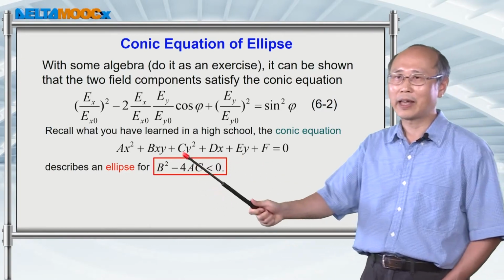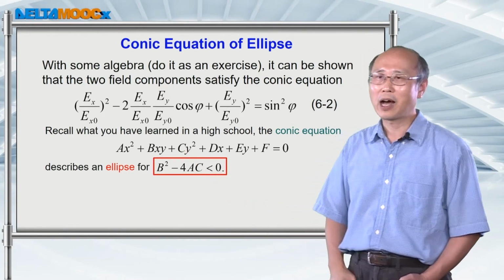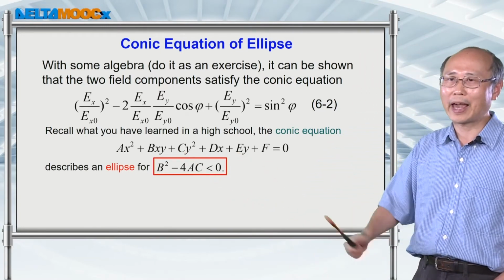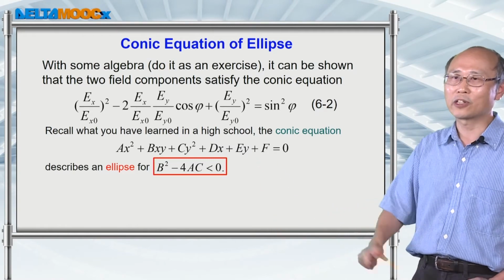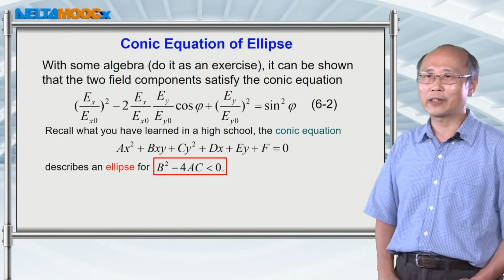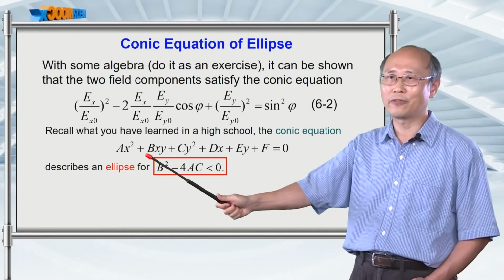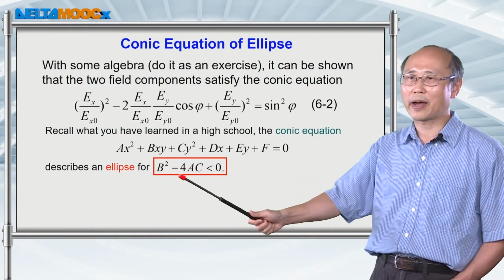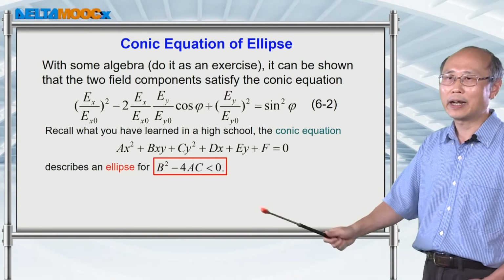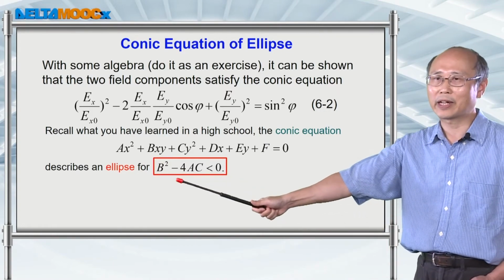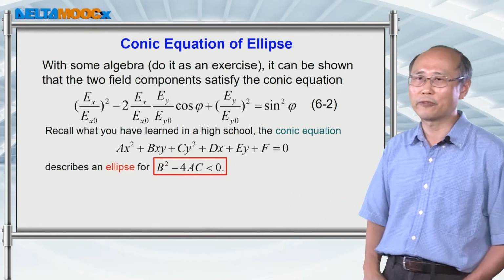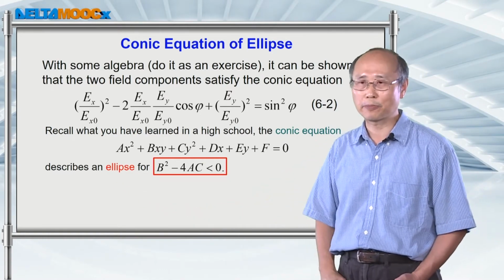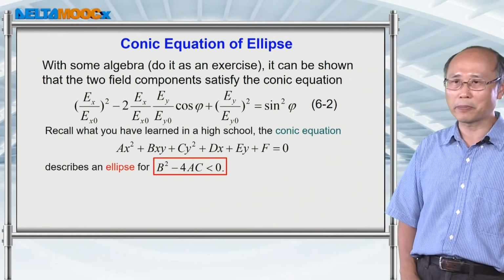And in high school, you try to figure out if you express this in the xy plane, how this curve would look like. And it turns out that you test the value for the coefficients. If you get this b squared minus 4ac less than 0, then you can claim that this expression will give you an ellipse in space on the xy plane.